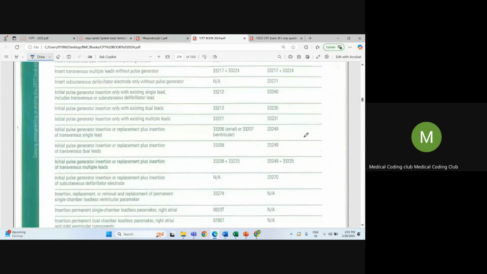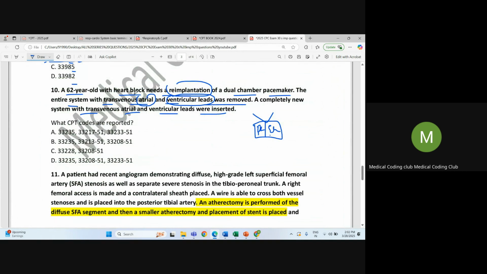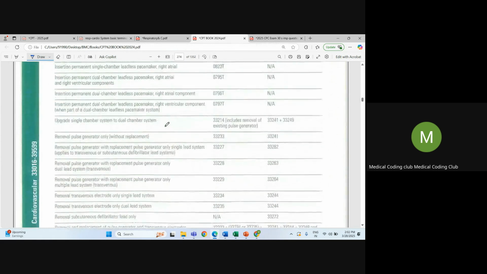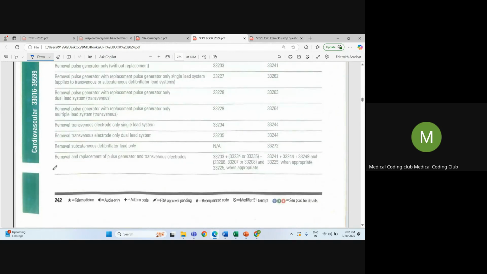Okay, so first we will find out the code for removal. First, removal of electrode we can give. So if you check removal and replacement of pulse generator and transvenous electrode, removal and replacement of pulse generator.